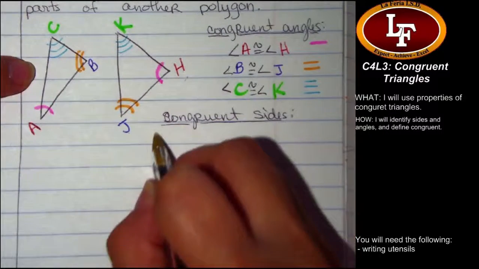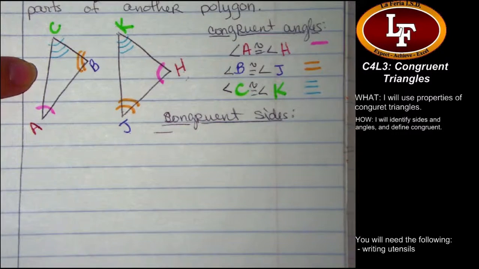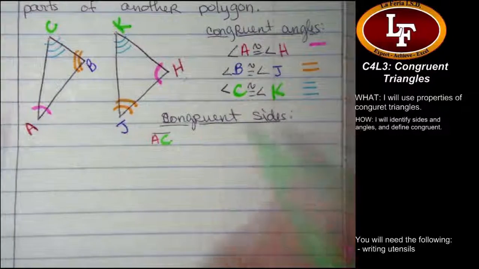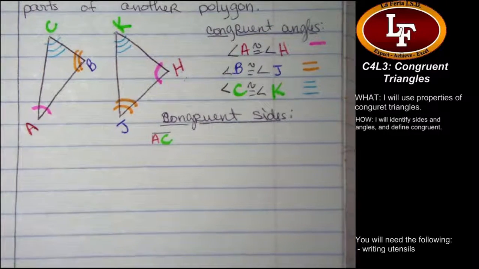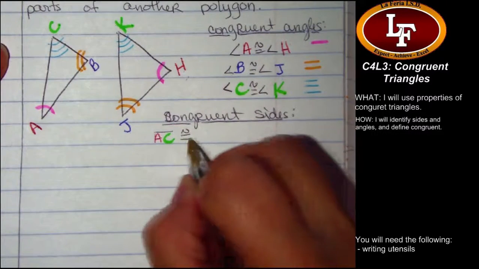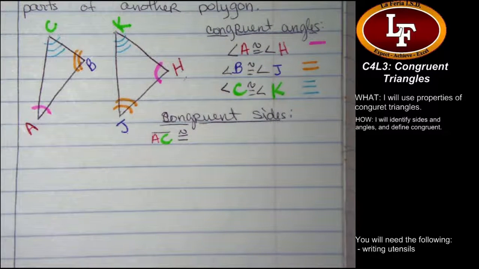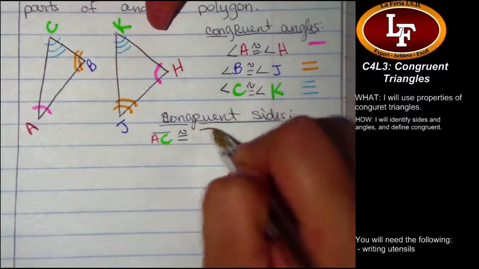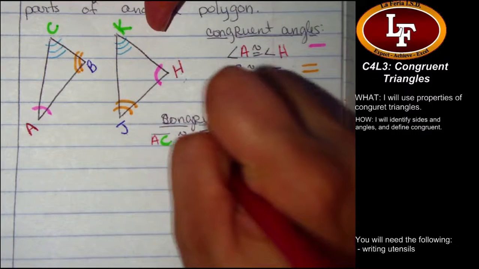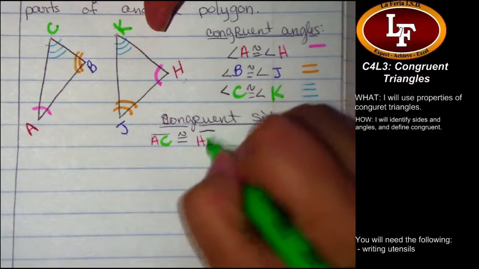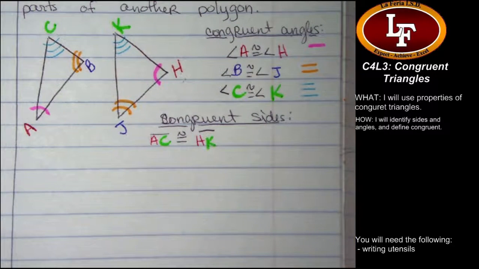Between point A and C, we have segment AC. And that segment is going to be congruent to the segment that corresponds to it in the other triangle, HK. Now, please note that with line segments, it doesn't matter what order you write the name. AC is the same as CA. HK is the same as KH.